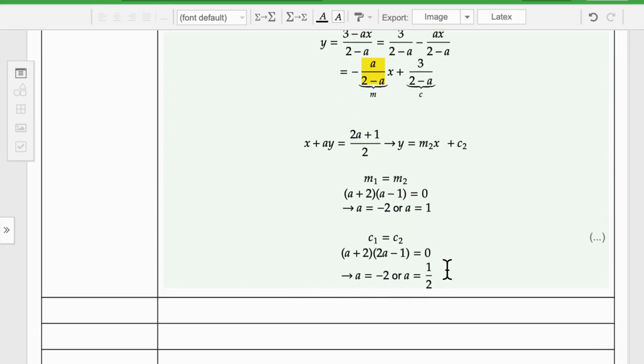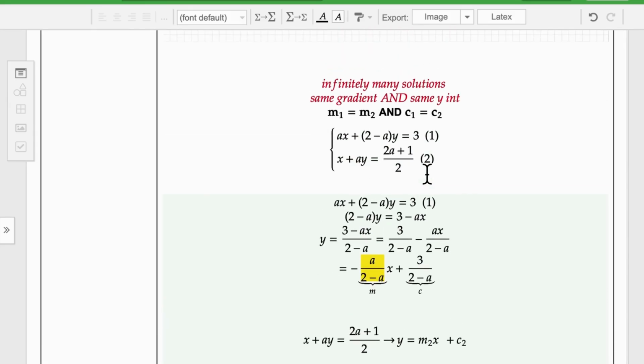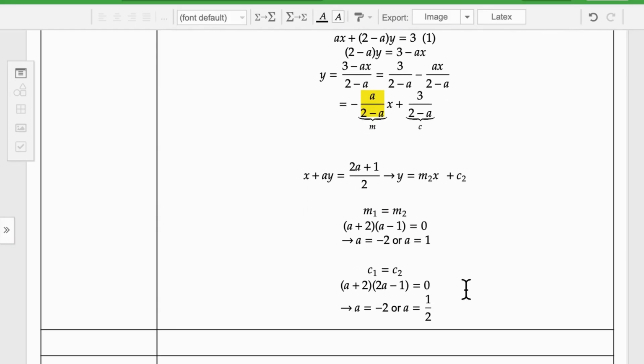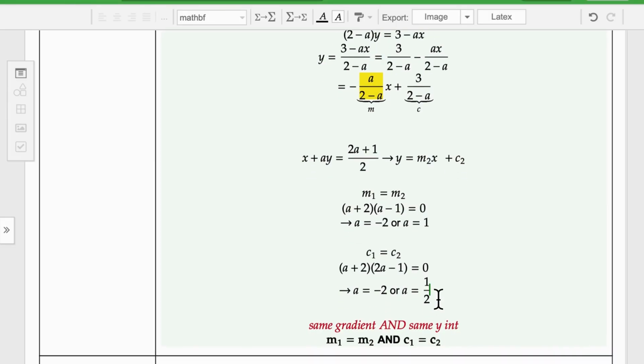Does it make sense? Now, we want the same gradient, right? And also the same y-intercept. This is what we want. So we want the value of a that will make m1 equal to m2 and also c1 equal to c2. What is the value that would allow that to happen simultaneously? When a equal to 1, yes, it will make m1 equal to m2, but a equal to 1 will not make c1 equal to c2.